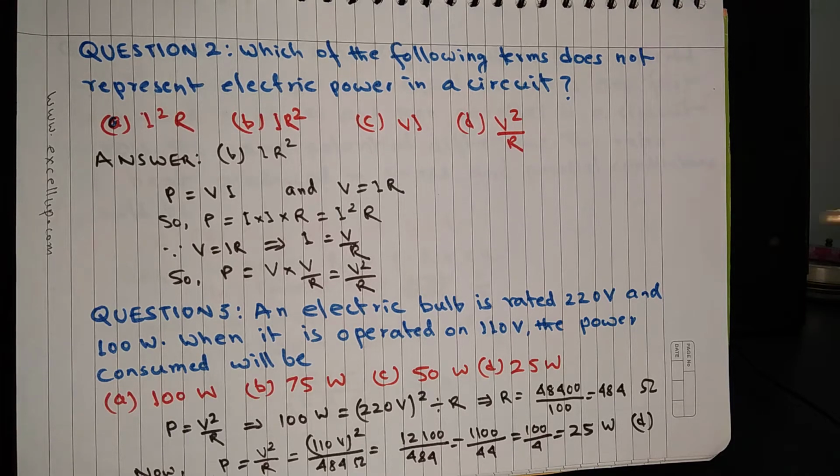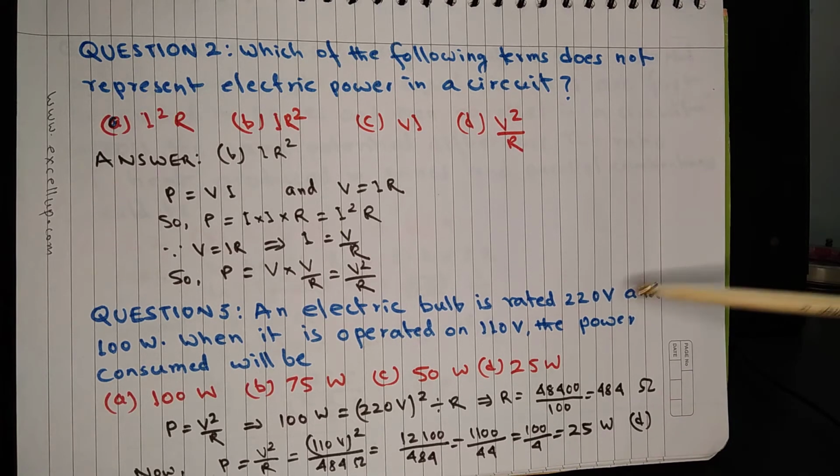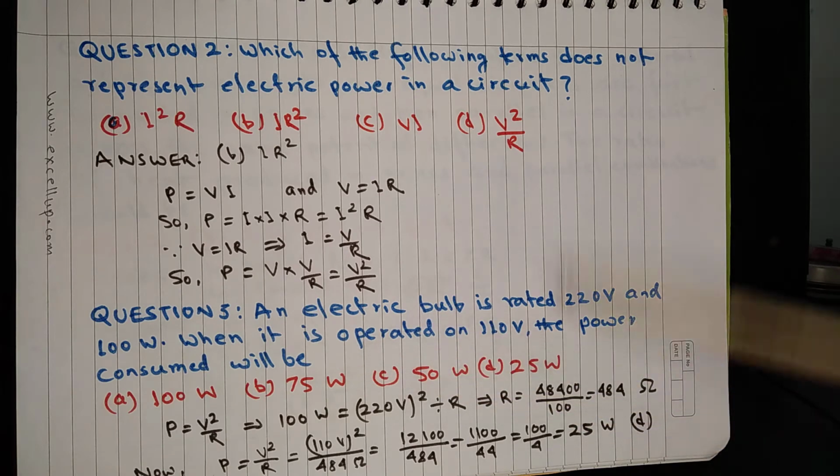Question 3. An electric bulb is rated 220 volt and 100 watt. When it is operated on 110 volt, the power consumed will be how much? Okay, let us see.